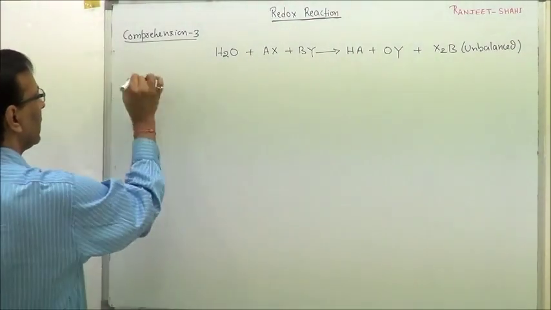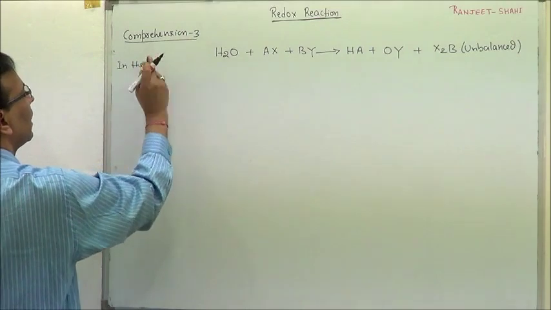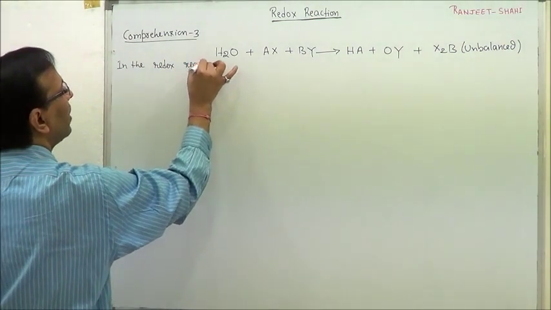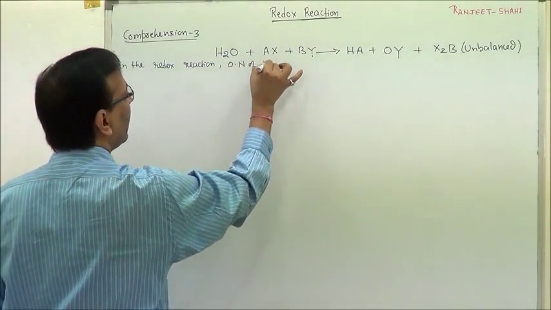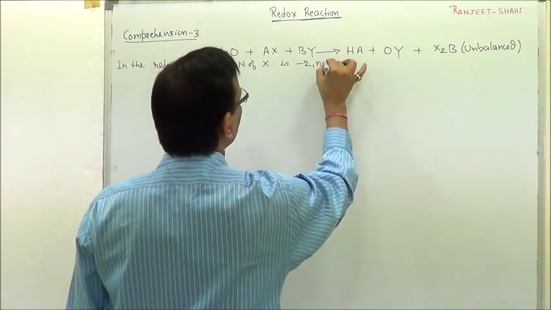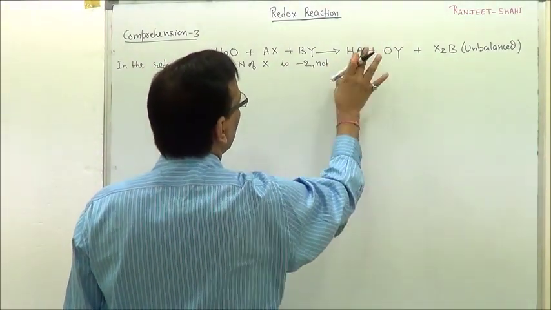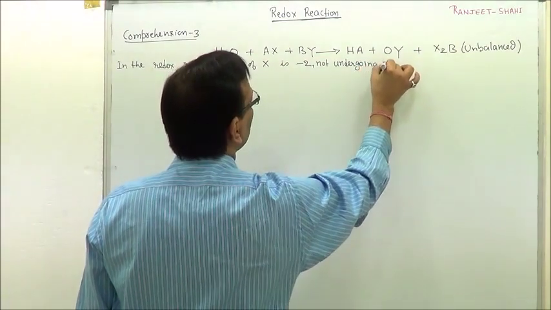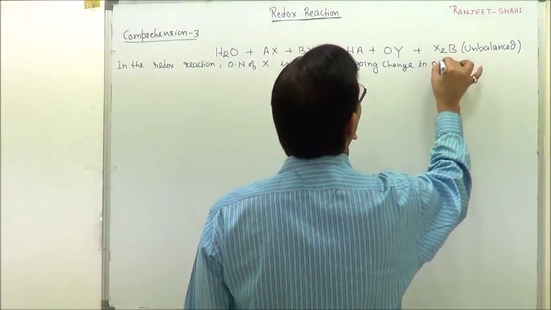It is also given that in the redox reaction, oxidation number of X is -2, not undergoing change in oxidation number.